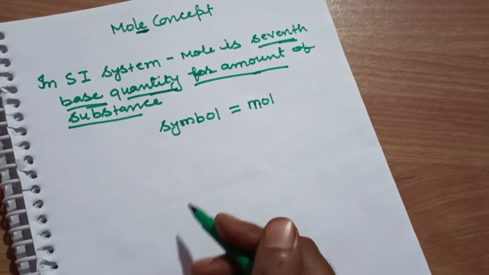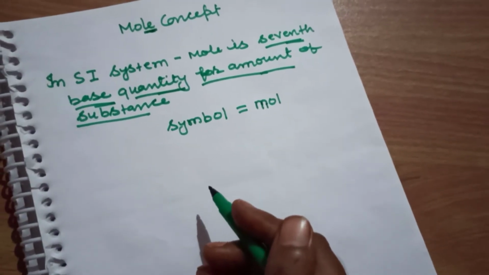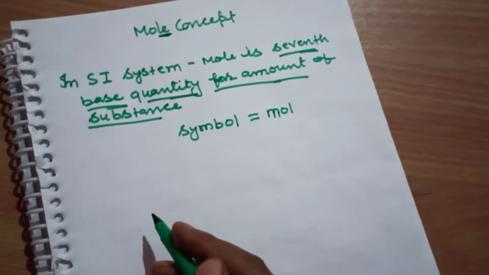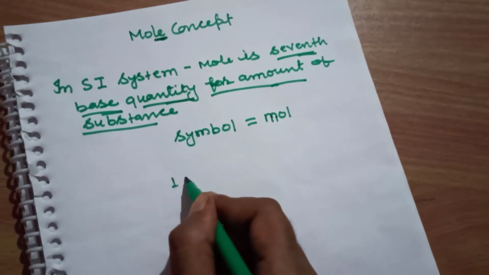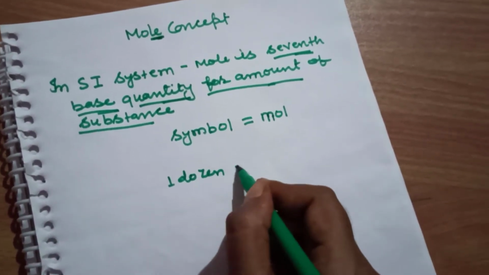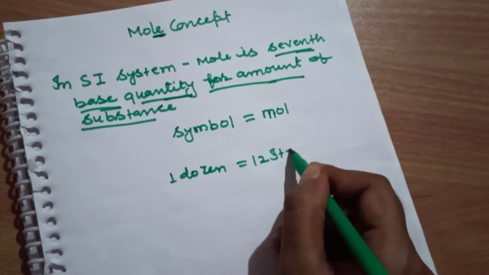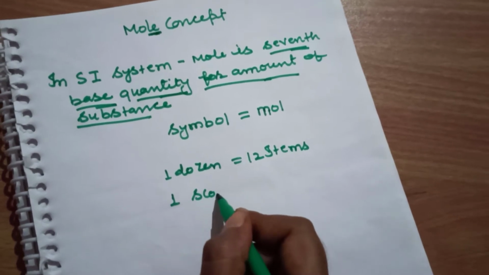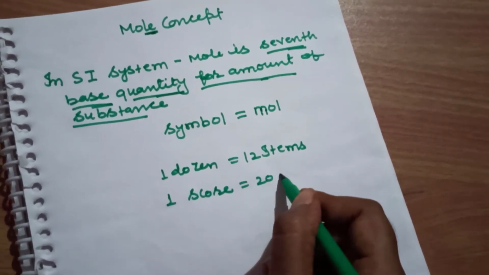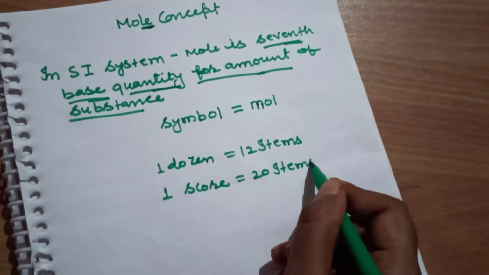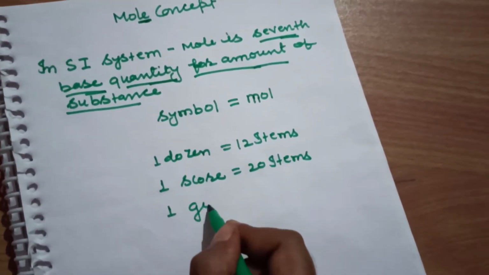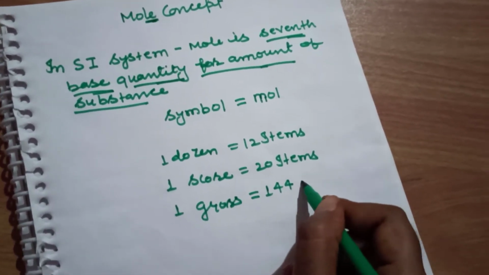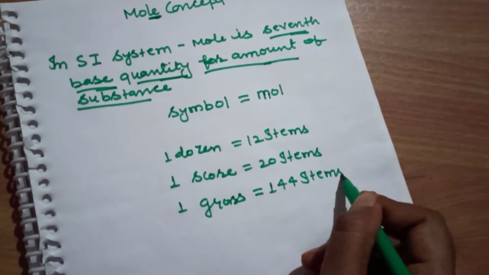This is a fixed value, like 1 dozen is equal to 12 items. 1 score is equal to 20 items. 1 gross is equal to 144 items.